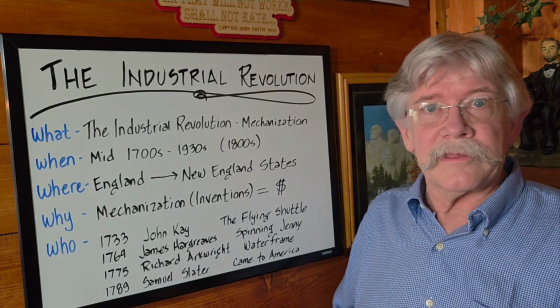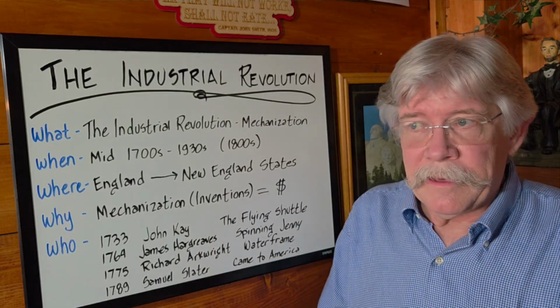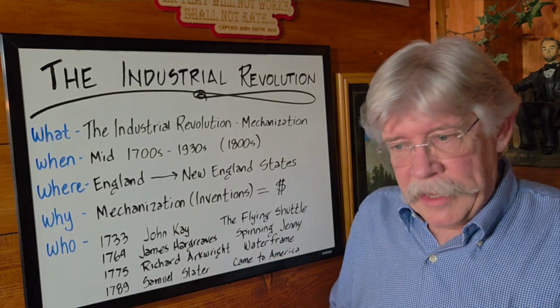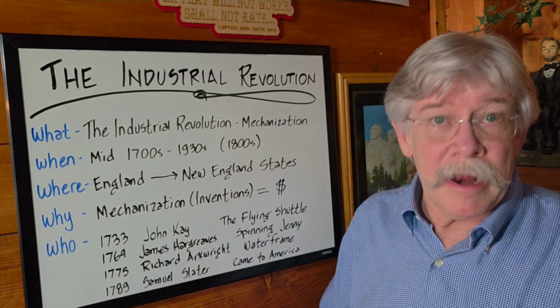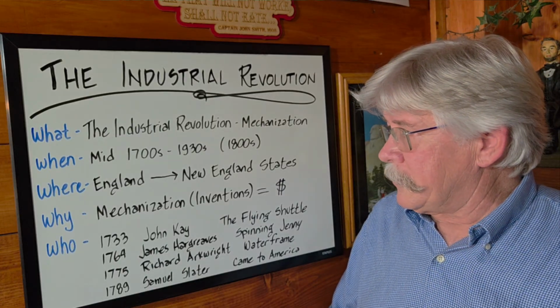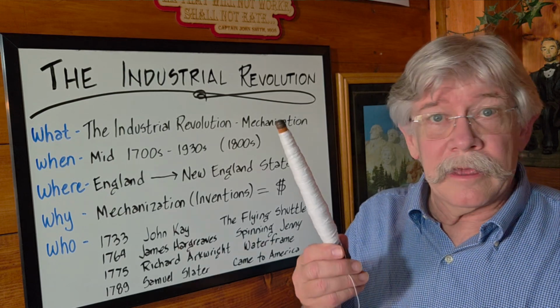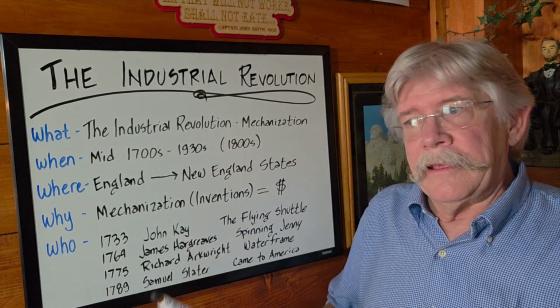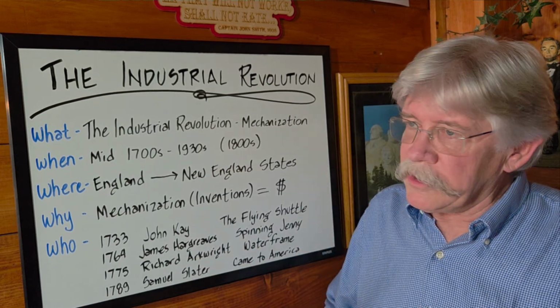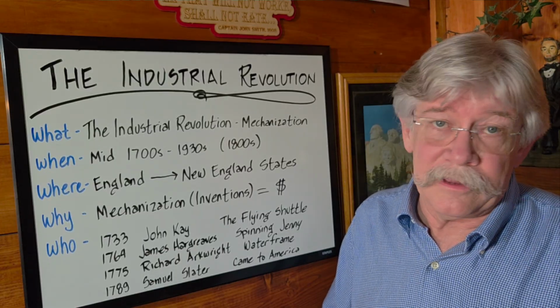So he memorizes the machines and comes to America, makes them in America, creates the Industrial Revolution in America. He's in New England, making mills that are making spools of thread, and eventually cloth, and eventually making the whole process of mechanization easier.